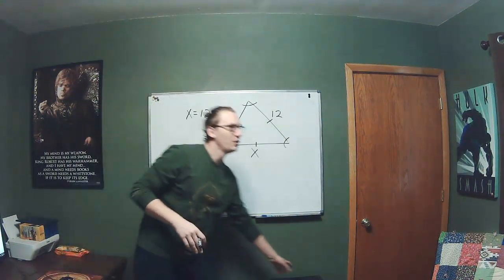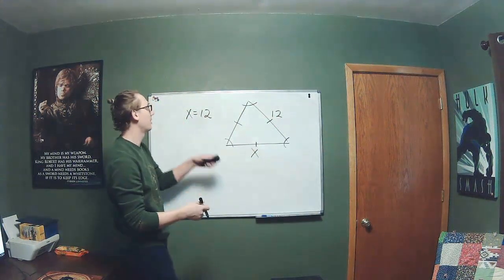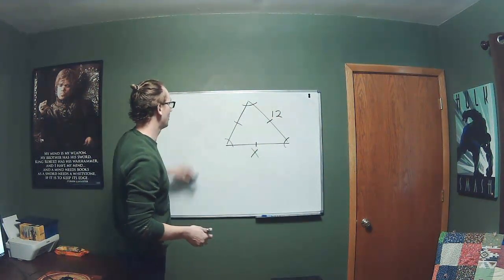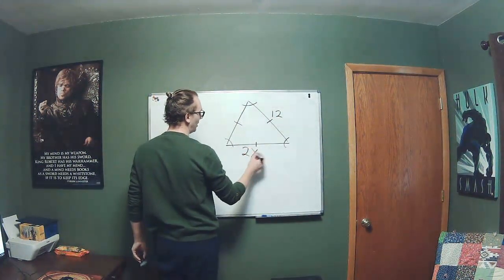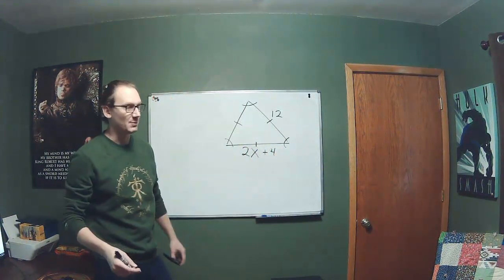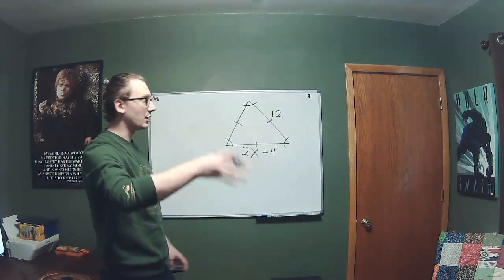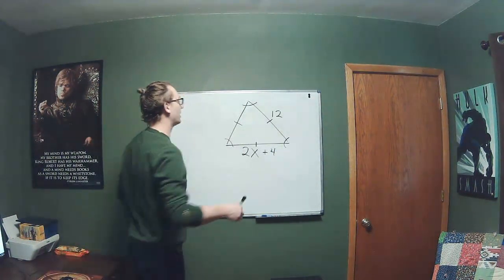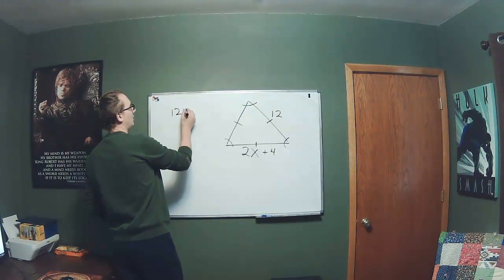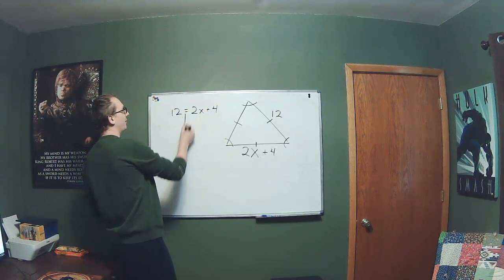If I were to have made this slightly more complicated, notice that we just set these equal to each other. To make it just a little bit gross, let's make this not x, but let's call this 2x plus 4. Because that's more fun. Okay? Process still works out to be exactly the same. We're just going to take these two and set them equal to each other. 12 equals 2x plus 4, and then we've got to solve for x.